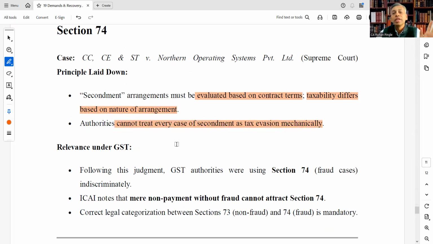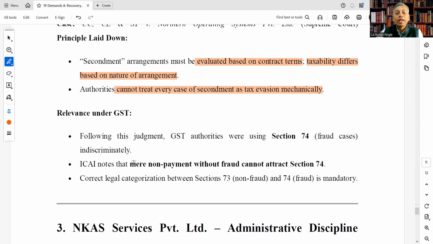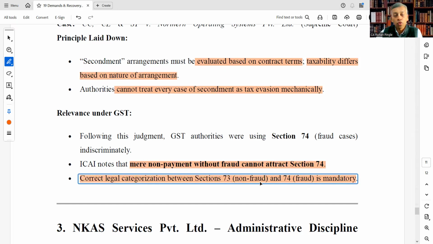So relevance under GST is that following this judgment, GST authorities were using Section 74 indiscriminately. ICAI notes that mere non-payment without fraud cannot attract Section 74. Correct legal categorization between Section 73 and 74 is mandatory, that is non-fraud and fraud.